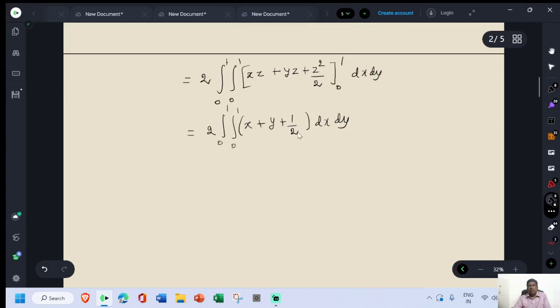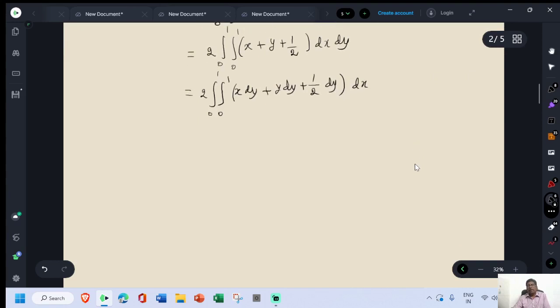Now we have to integrate this equation with respect to dy. This is equal to 2 into double integral of x into dy plus y into dy plus 1 by 2 into dy. Entire is multiplied by dx. Limit varying from 0 to 1, this is also 0 to 1. Now we have to integrate with respect to y.